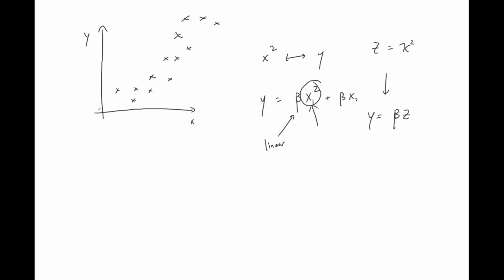And as long as these remain linear, then we're okay. You can't have something like x over beta, or something like y is equal to the square root of beta x. So these forms would not be allowed.